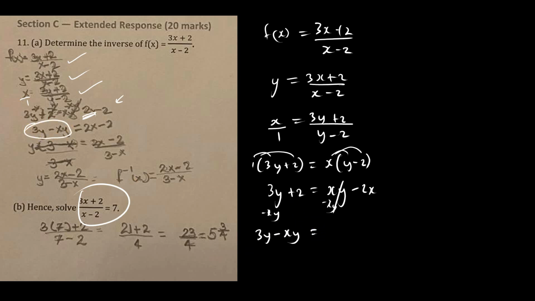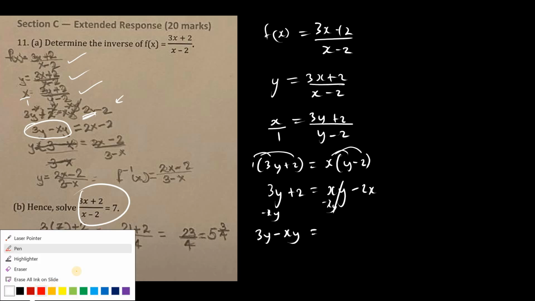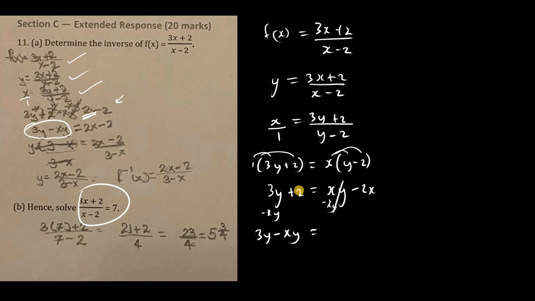And then I want to get rid of this. Since I have the y terms on this side, I want to remove this plus 2 with a minus 2. So I need to subtract 2 from both sides. And this will give me negative 2x minus 2. Again, that's where you have the error. You don't have the negative in front of the 2x.